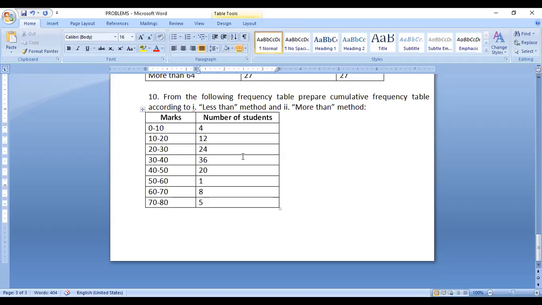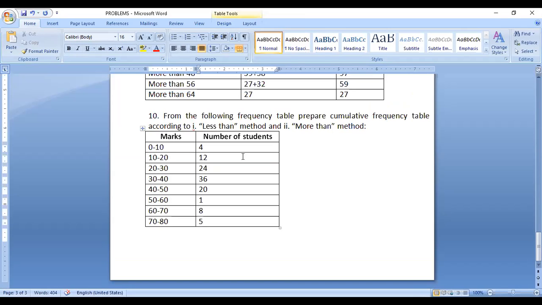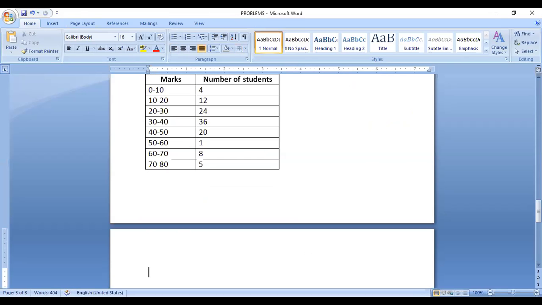Data regarding students' marks is given. Number of students, marks, they have obtained certain marks in an examination. That data has been given, and we have to convert them into less than and more than tables. Now how it will be converted, we will see with the help of this table.